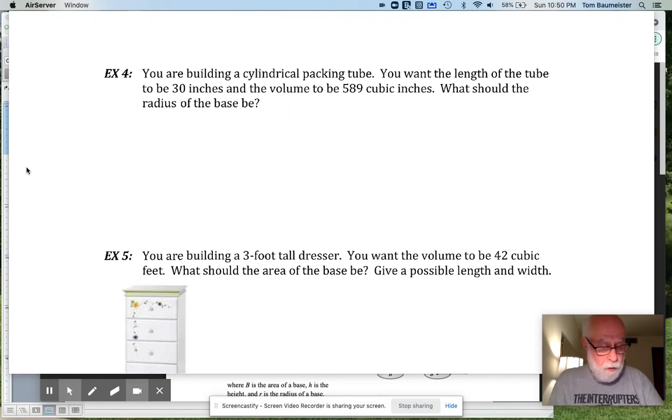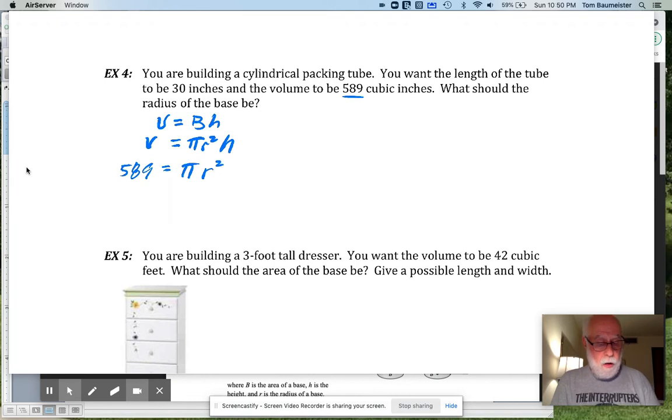Remember, our volume is capital B times H, and capital B is pi r squared, times H. Let's plug in everything. The volume is 589 cubic inches. We have pi. We don't know what r squared is, and we know the height, or the length, is 30 inches.